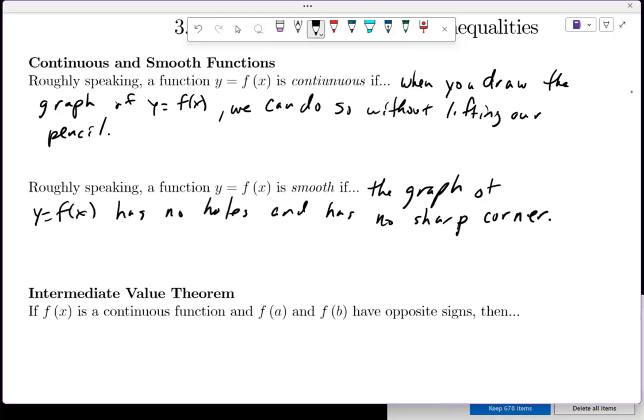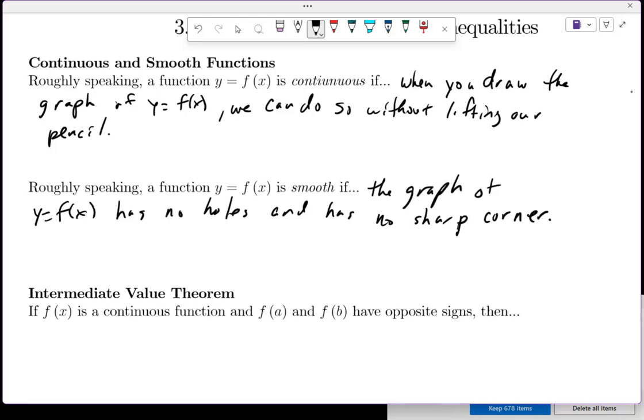Can you think of one of our catalog functions? Absolute value has a sharp corner at 0, right? So that's an example of a function that's not smooth at 0. Okay. So continuous has to do with connected, no holes. Smooth has to do with no sharp corners.